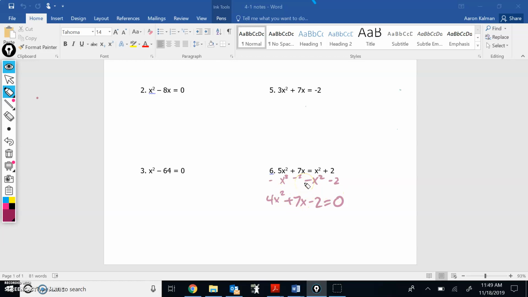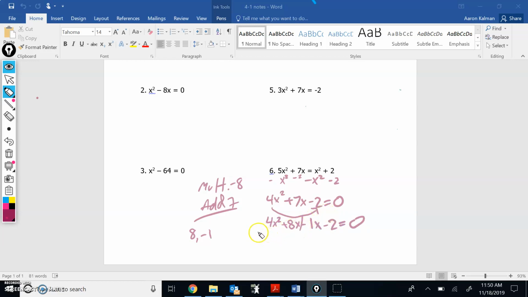All right, there's no GCF, so I have to do A times C. So we want to find numbers that multiply to get -8, add to get +7. Those two numbers are 8 and -1. Let's write that in the middle here. So we have 4x squared plus 8x minus 1x minus 2.